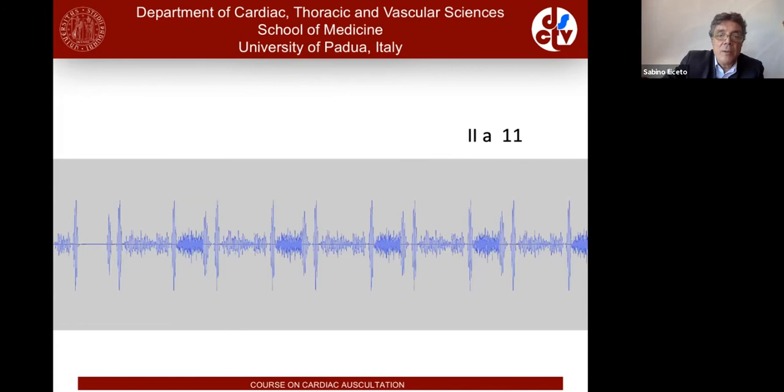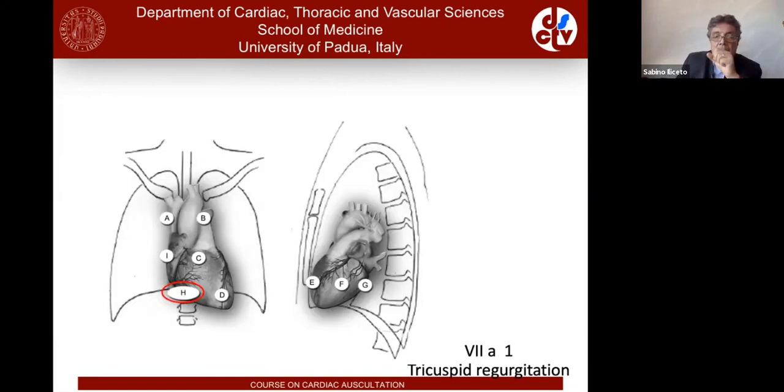The third thing that I want to show you, and then I'm finished with my slides on mitral stenosis, is tricuspid regurgitation. As I told you, in mitral stenosis, it's not unlikely that there is elevation of pressure in the pulmonary artery circulation. And if this occurs, the so-called pulmonary hypertension, the overload of the right ventricle can become particularly important.